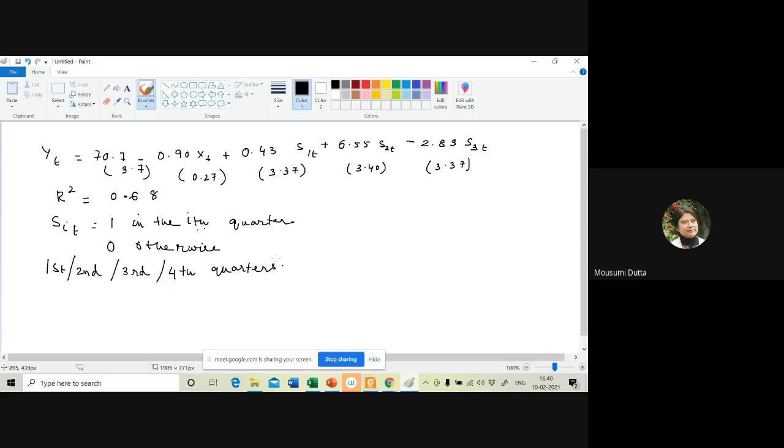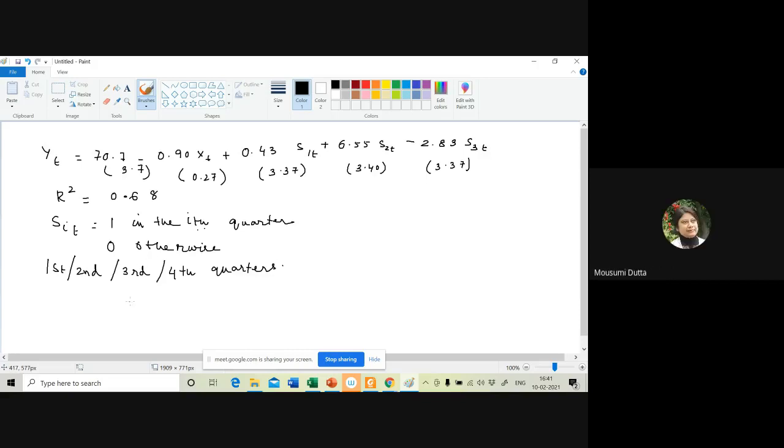Anyone? 70.7 minus 0.90 Xt plus 0.43. Okay, so what we will do, actually, we will bring 0.43 with the intercept, isn't it? Because we are considering the change in the intercept. Yes.